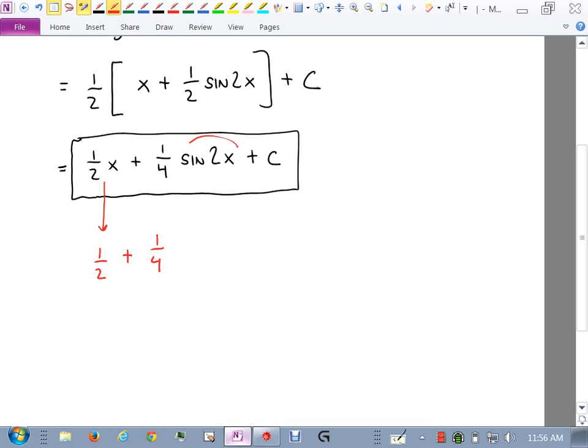What's the derivative of sine of 2x? 2 cosine 2x, right? And that's just 1/2 plus 1/2 cosine 2x, which is exactly the formula for cosine squared x. So it works. I'll leave it.